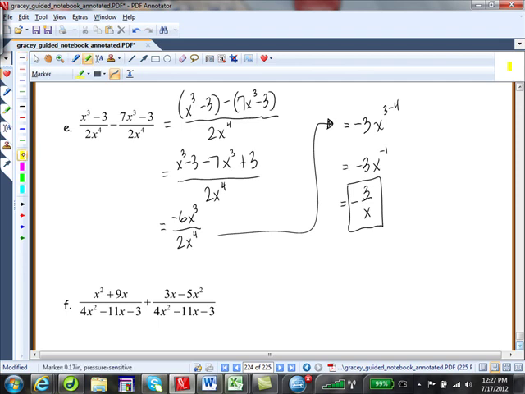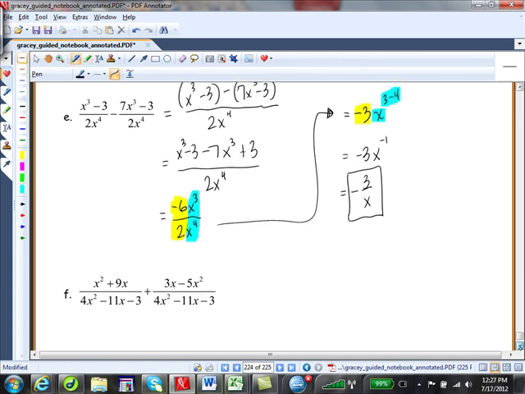Okay, so just to clarify, I got the negative 3 from that, and then using the properties for exponents is how I did this one here.